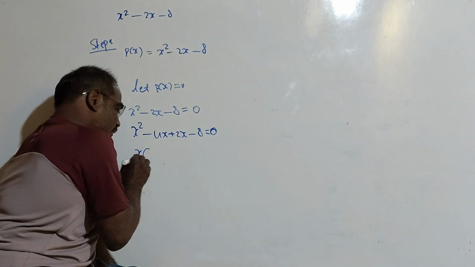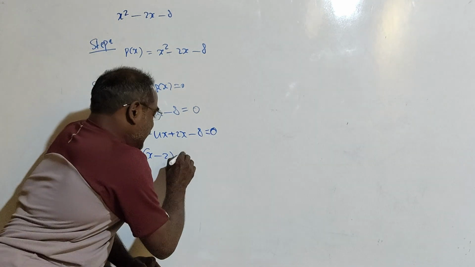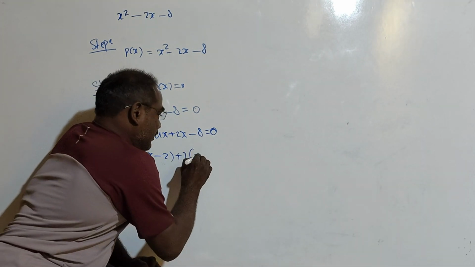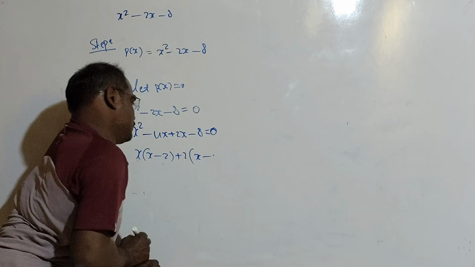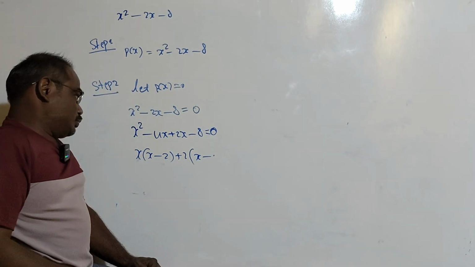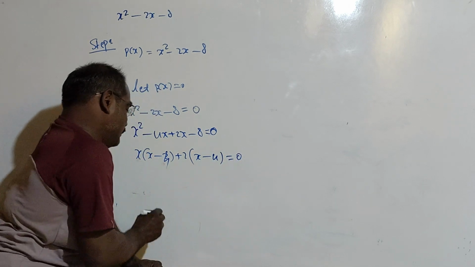Take x common, it will become x minus 4. Here I will take plus 2 common. It will become x minus 4 equal to 0.